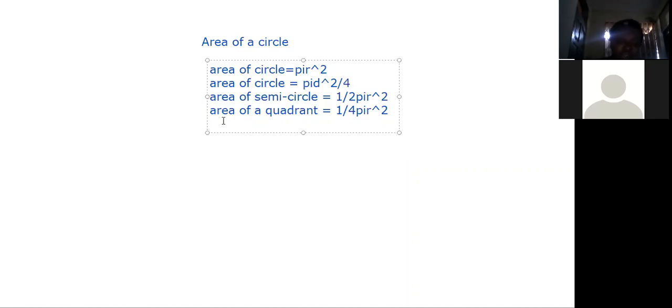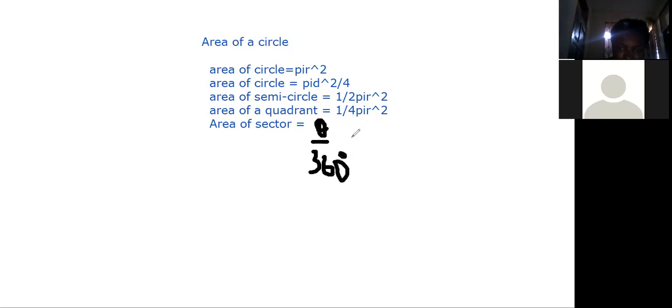Now let's talk about the area of a sector. Area of a sector is theta all over 360 degrees times pi r squared.